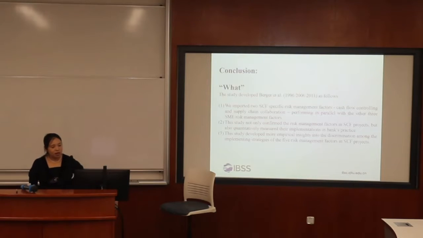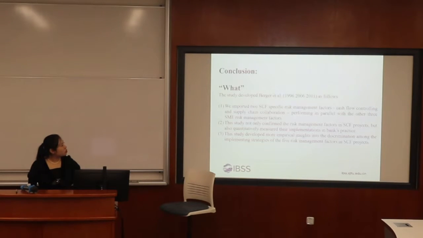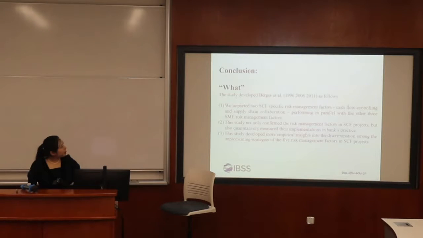So, in the current project, they help us to answer what and how questions. And it's an ongoing project, so there's still a lot of work we can do. But on the first stage, we find some solutions for the banks and for the financial service providers.